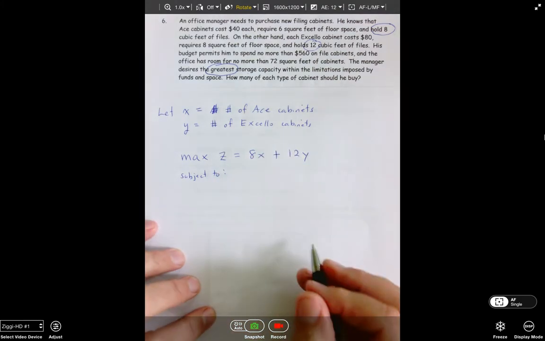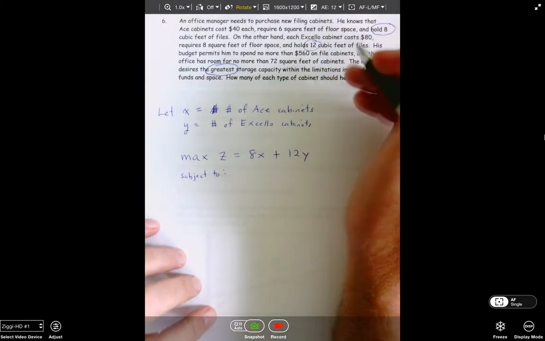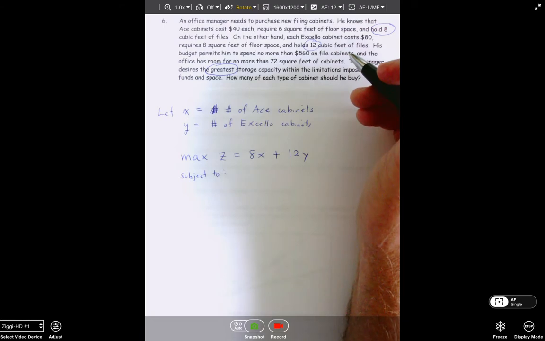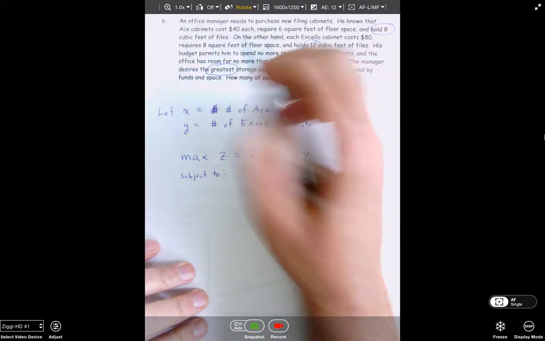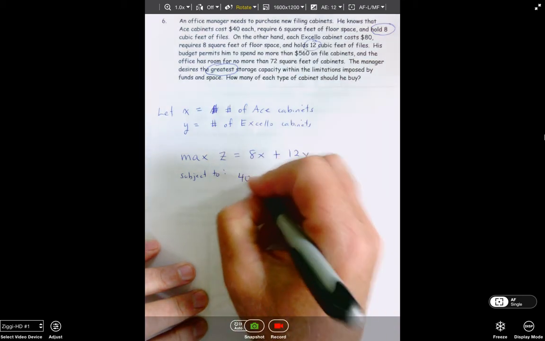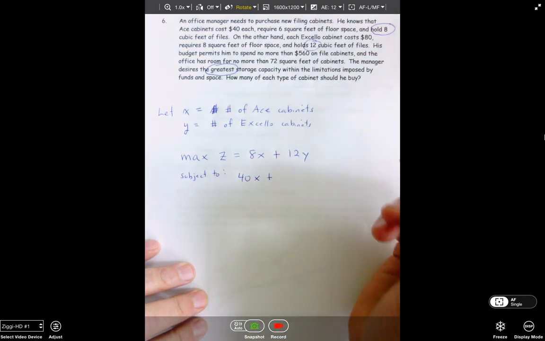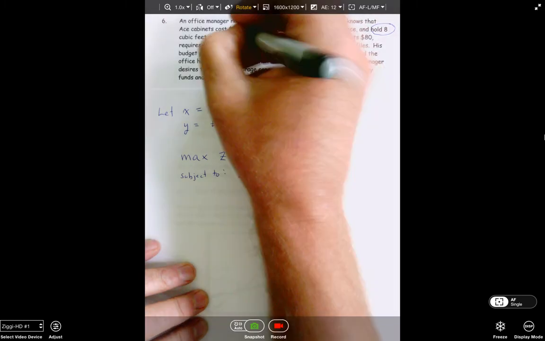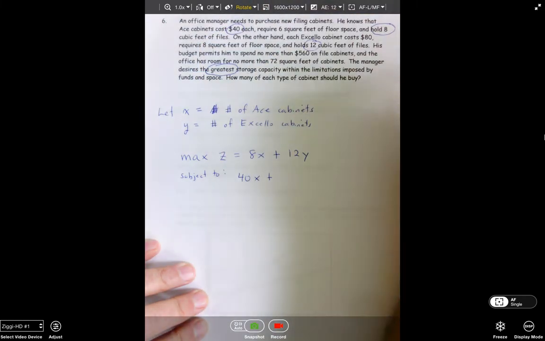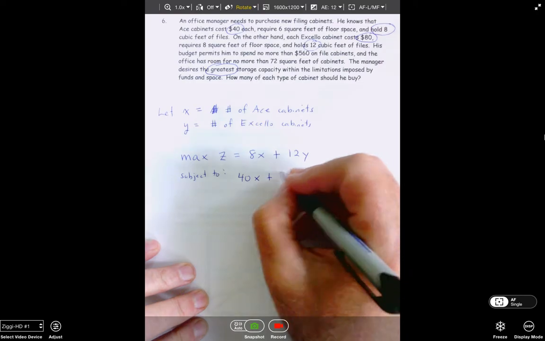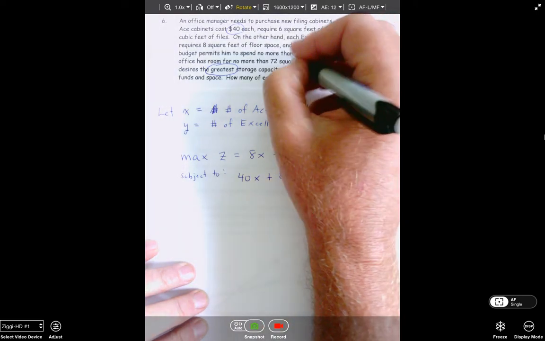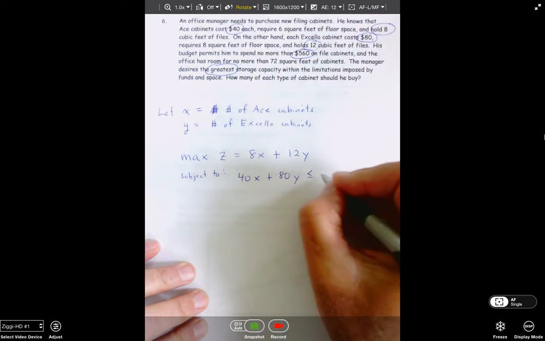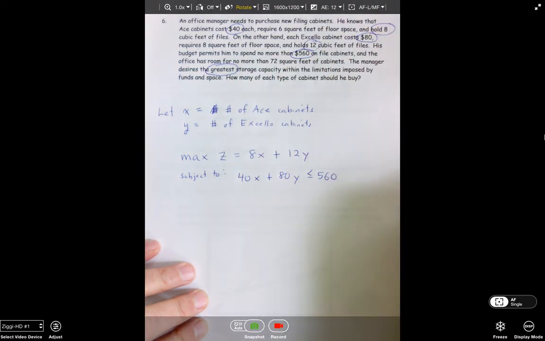All right, subject to certain constraints. I've got to pay $40 for each ace. Well, I don't have to pay it, but $40 for each ace. We'll circle that. I have to pay $80 for each Excello, but I can't spend any more than $560.